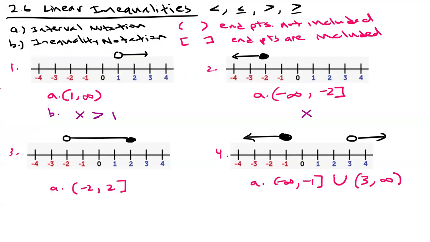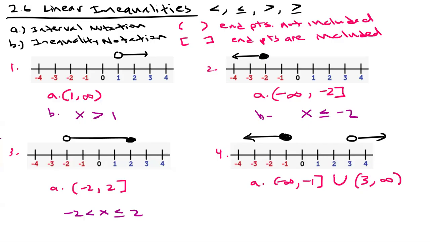So we can say x is less than or equal to -2. That's how you describe the inequality there. For this one, x is going to be between them, so that's going to be -2 less than x, x less than or equal to 2. Okay? So that's how you would translate that to inequality.